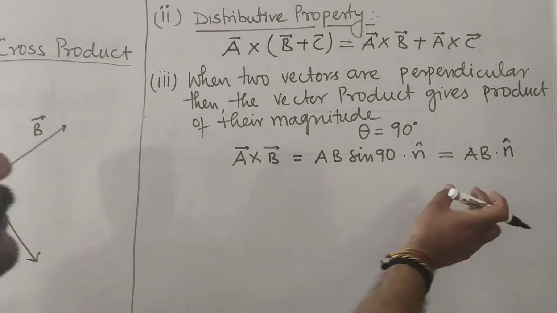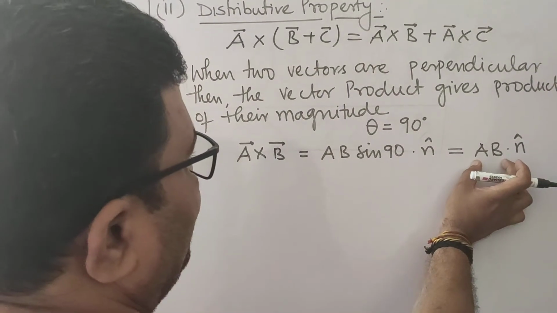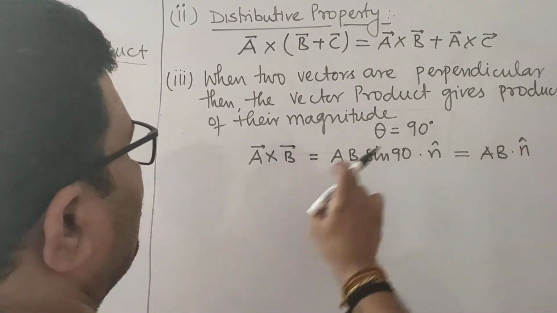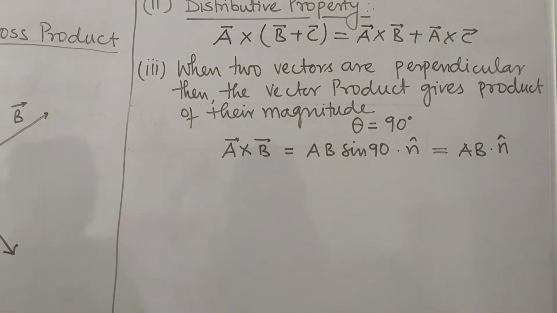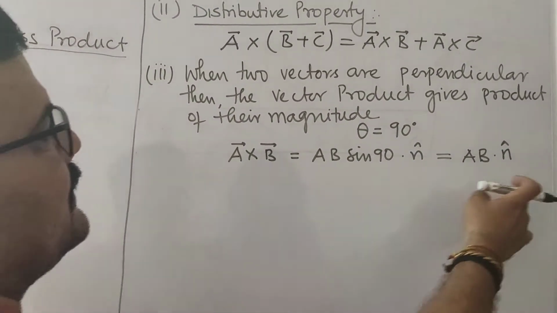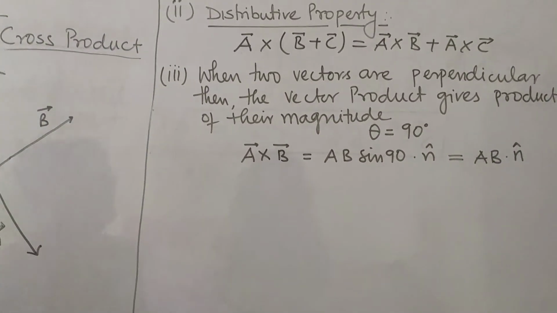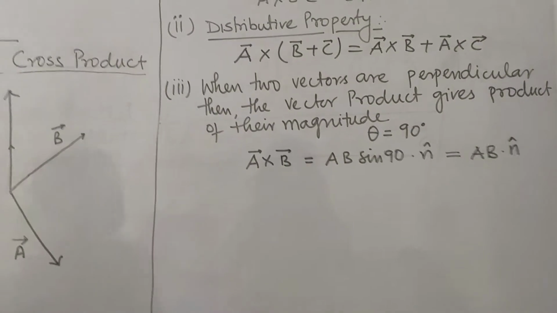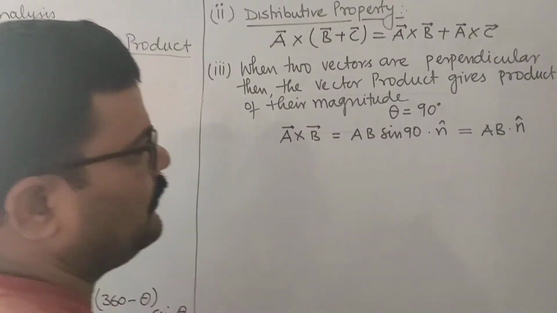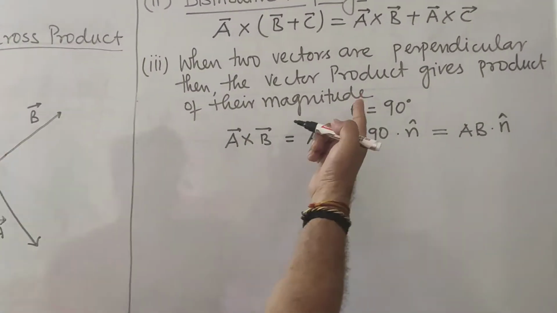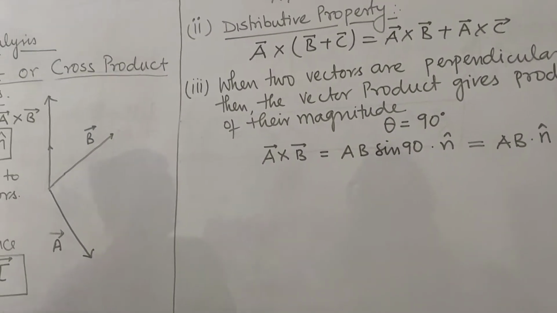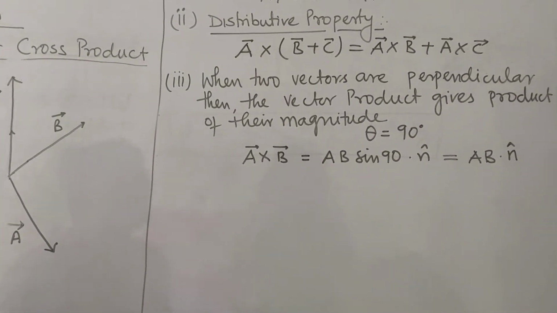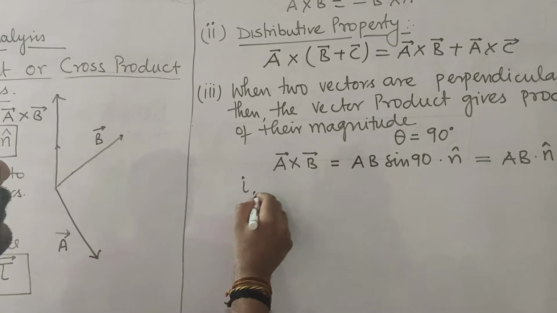So the magnitude is the product of their magnitudes, and the result is perpendicular to both these vectors. You can see that this cross product always contains a vector sign. You are not going to get only magnitude. In vector product you are always going to get a vector quantity.